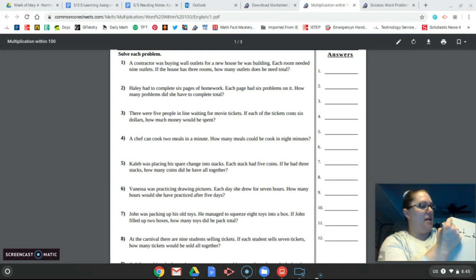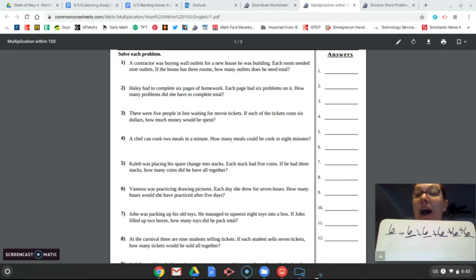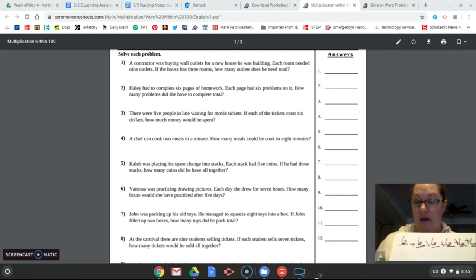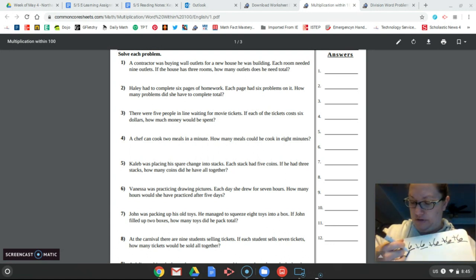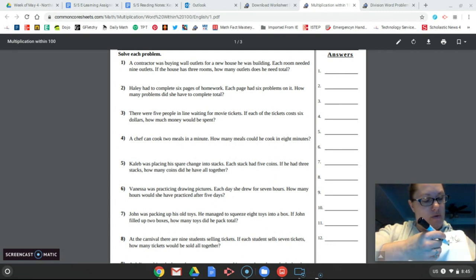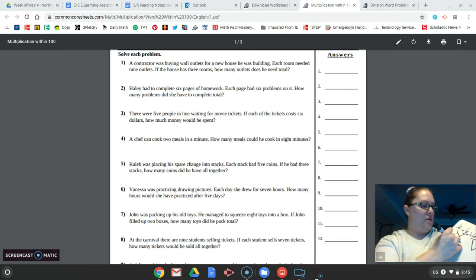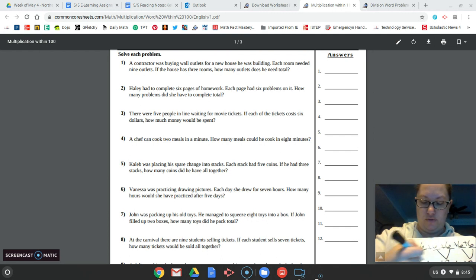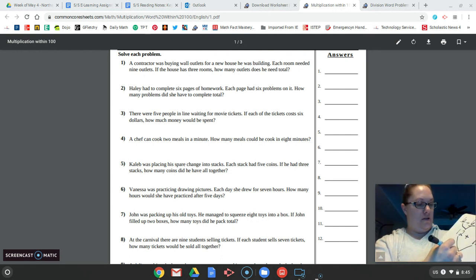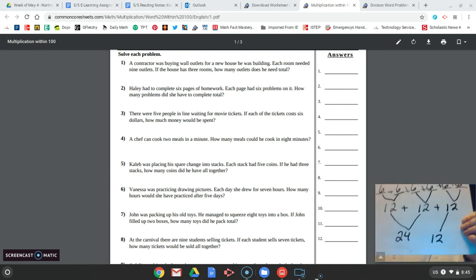So that would be 6 plus 6 plus 6 plus 6 plus 6 plus 6. Okay? So I would group these into 12s because I know 6 plus 6 is 12. So here's a 12, here's a 12, here's a 12. So now I have 12 plus 12 plus 12. I know 12 plus 12 is 24, right?